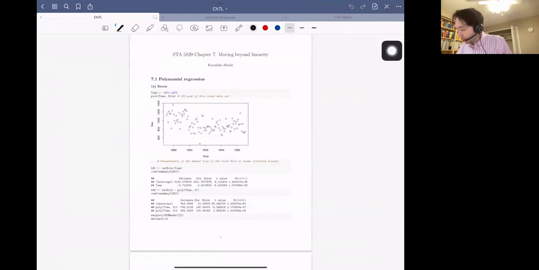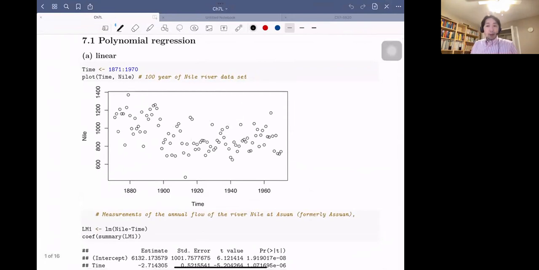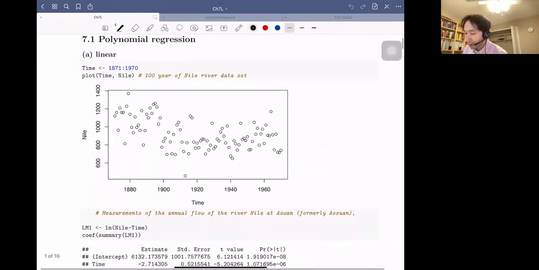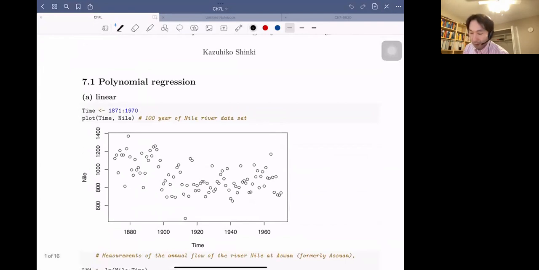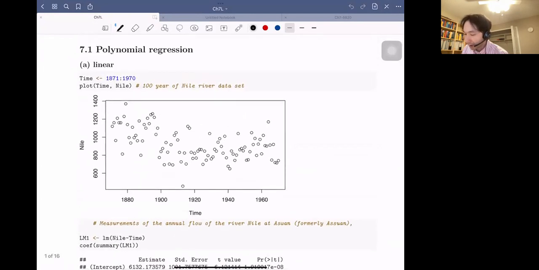Okay, so now the chapter 7 lab session. So example for each of the methods. So polynomial regression. So this is the Nile River water level data from 1871 to 1970.